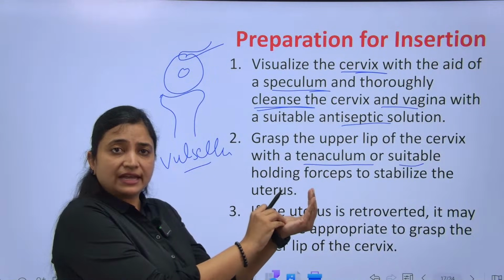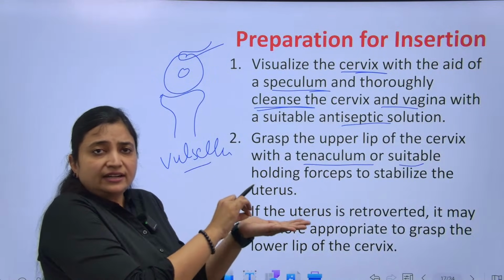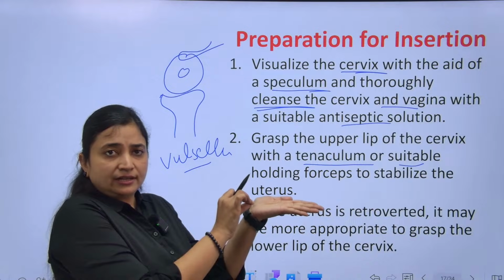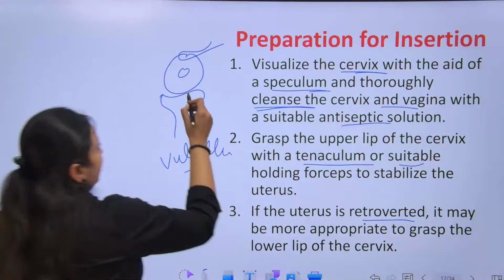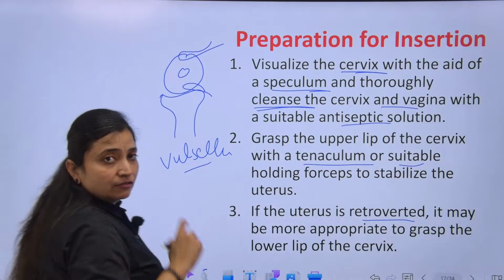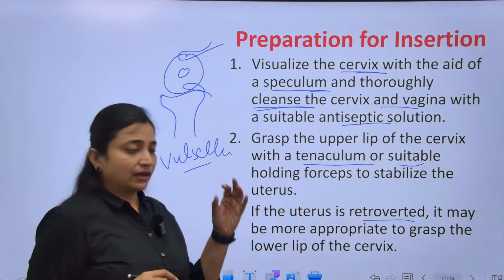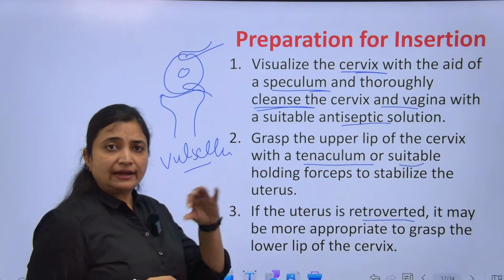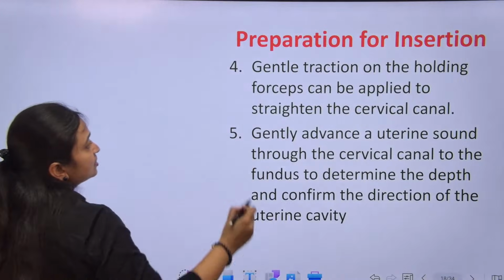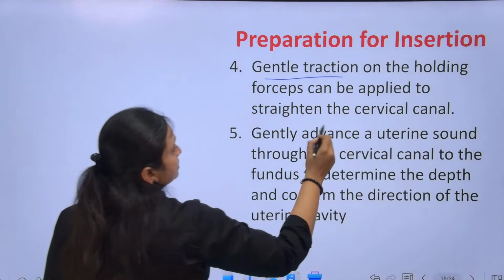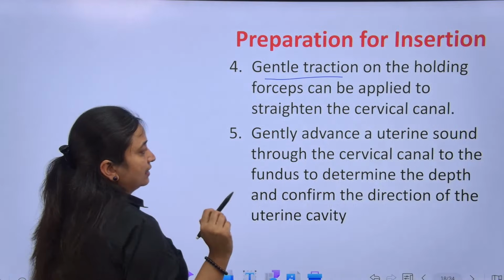Because we want to stabilize the uterus and a gentle traction will straighten the cavity. And if it is retroverted, we grasp the posterior lip and apply gentle traction, and it becomes straight. Gentle traction on the holding forceps can be applied to straighten the cervical canal.